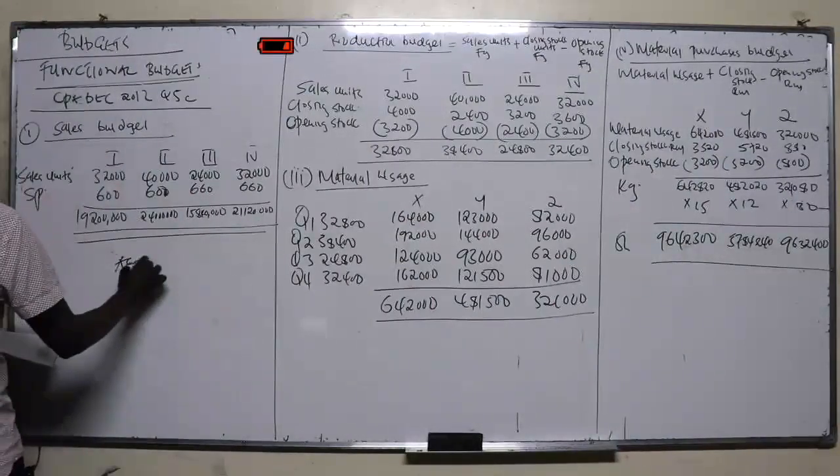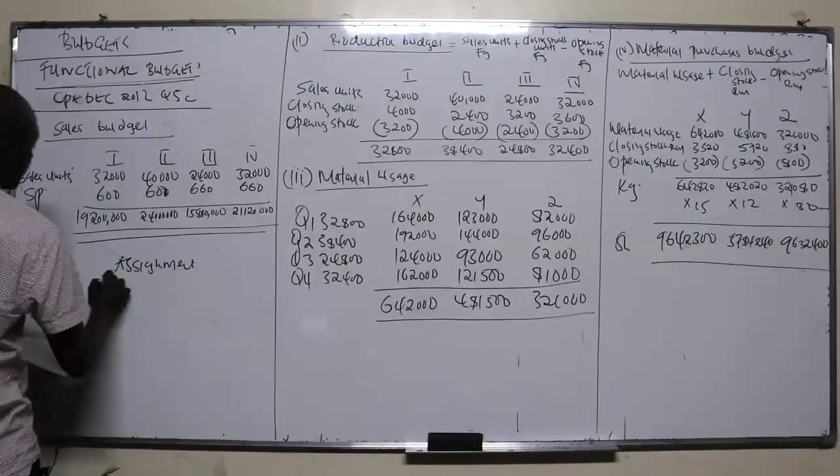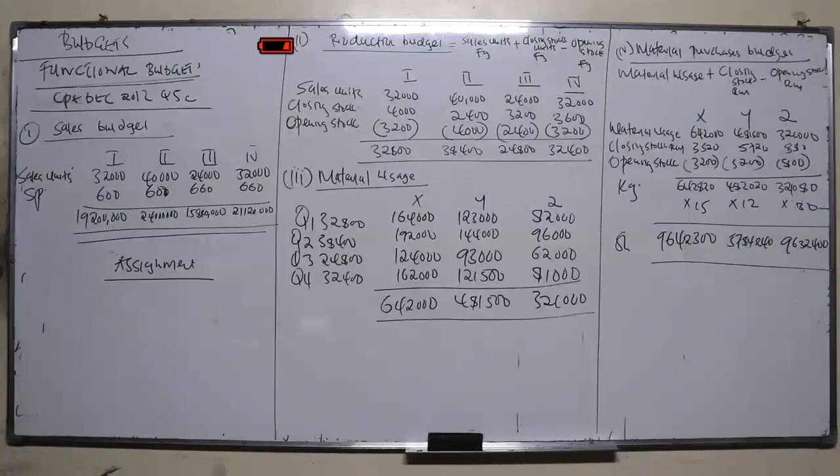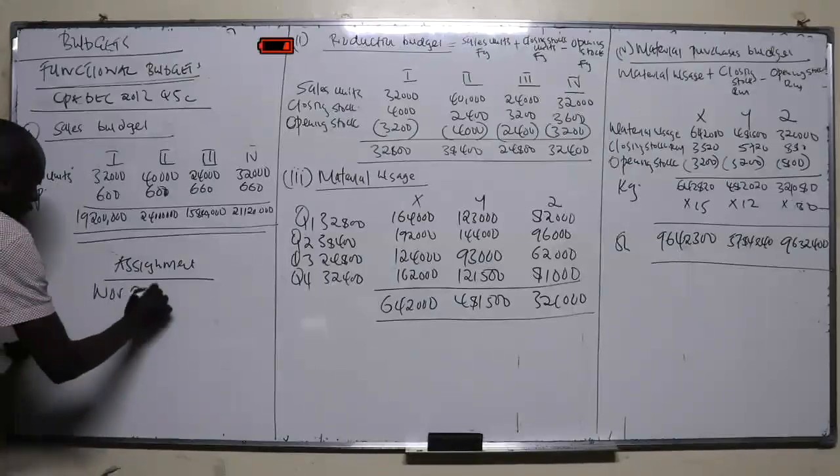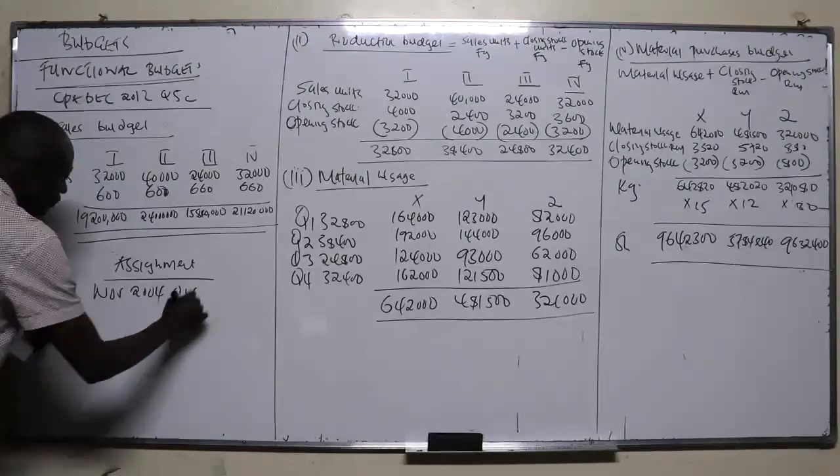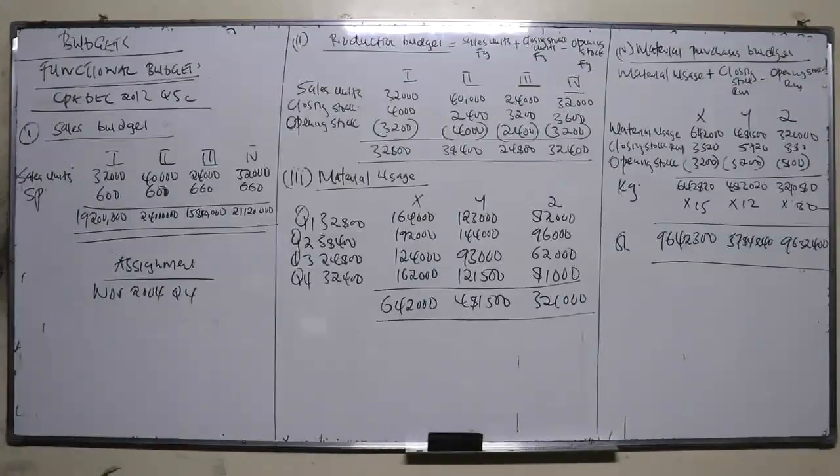Then now assignments. Assignment for the same. Make sure you do the assignments. This one, make sure you do it. So we have November 2004. This is very important. Question number 4. November, question number 4. That is CPA.